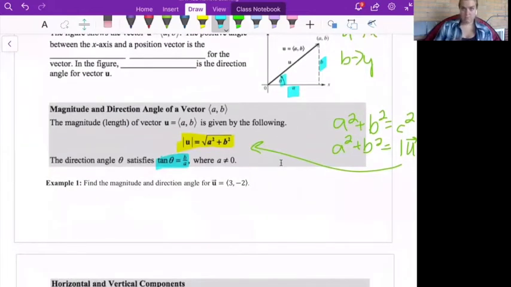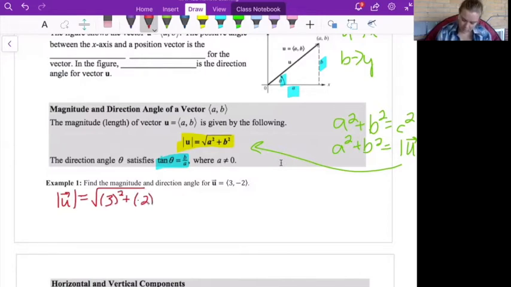So if we want to find the magnitude and direction of u, where u is <3, -2>. So our magnitude is going to be equal to the square root of 3 squared plus negative 2 squared.